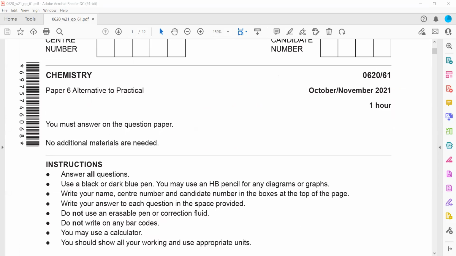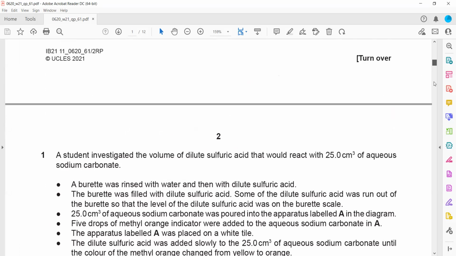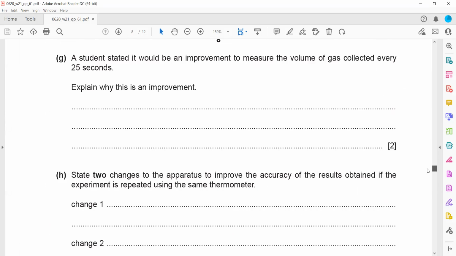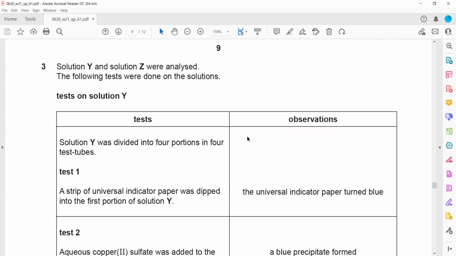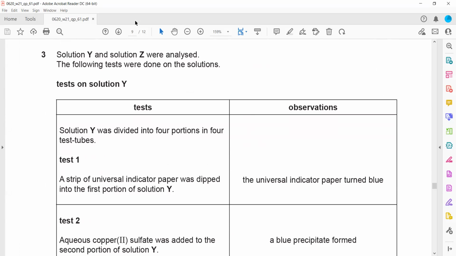Normally, question 3 is about identification of the ions. You have to identify the ions. So question 3: solution Y and solution Z are analyzed.